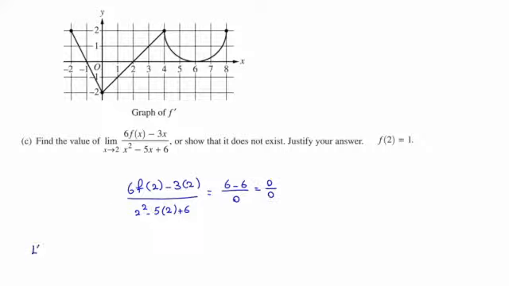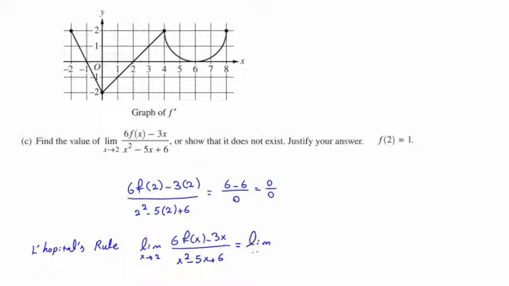So if we use L'Hopital's rule, the limit as x approaches 2 of 6f of x minus 3x all over x squared minus 5x plus 6 equals the limit as x approaches 2 of the derivatives of the numerator and denominator: 6f prime of x minus 3 over 2x minus 5.